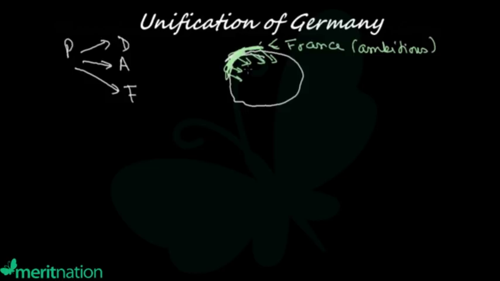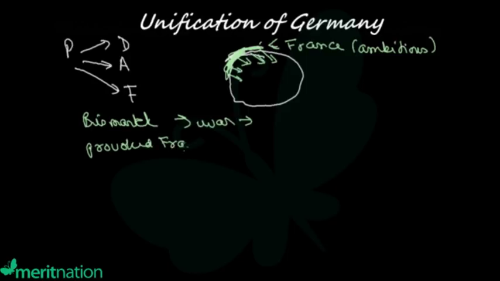So in this situation, Bismarck believed that a war was essential. However, he provoked France to declare the war. It was not he who began the war, but he provoked France to declare it.